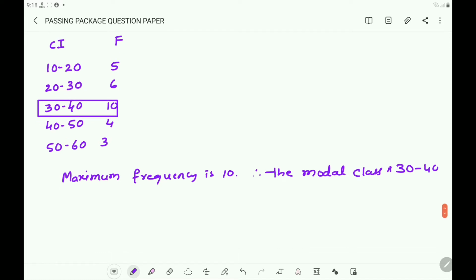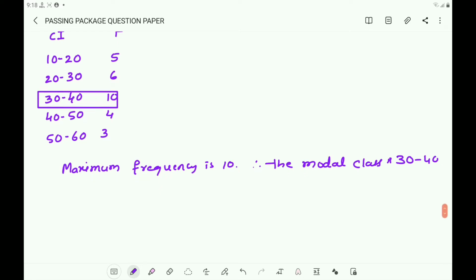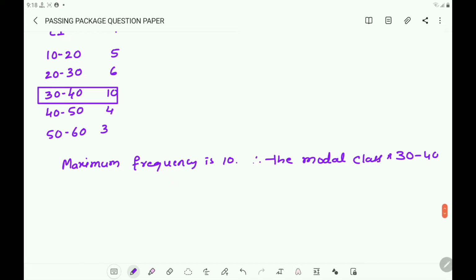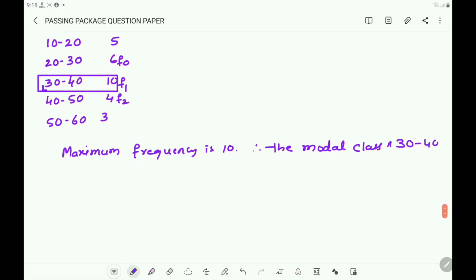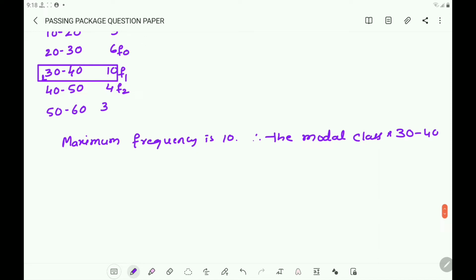Now you make out L, H, F1, F0 and F2. You know that the maximum frequency is F1. This is F0, this is F2, and this is L. Then you write the formula for the mode.